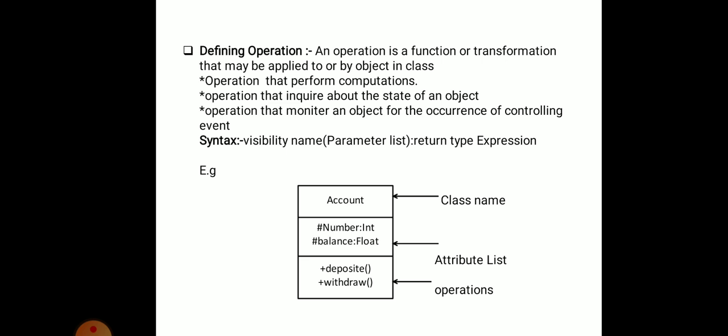How to declare an operation? Visibility name, operation name and then the method signature. Here we will see the operation deposit. How to declare it? Visibility name plus deposit, that is our operation name, and method signature. Do you understand that?